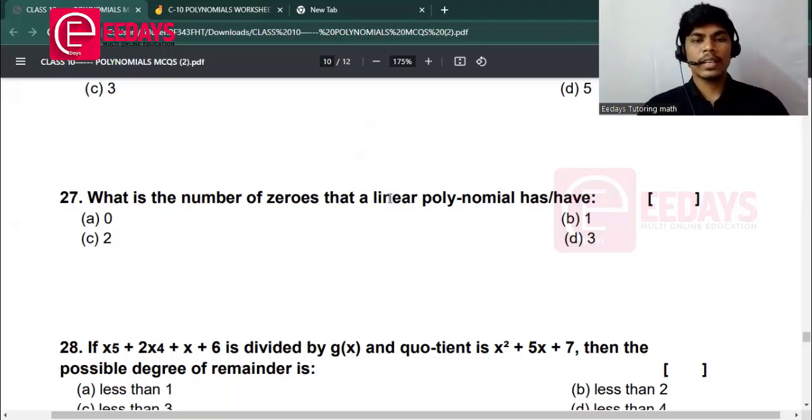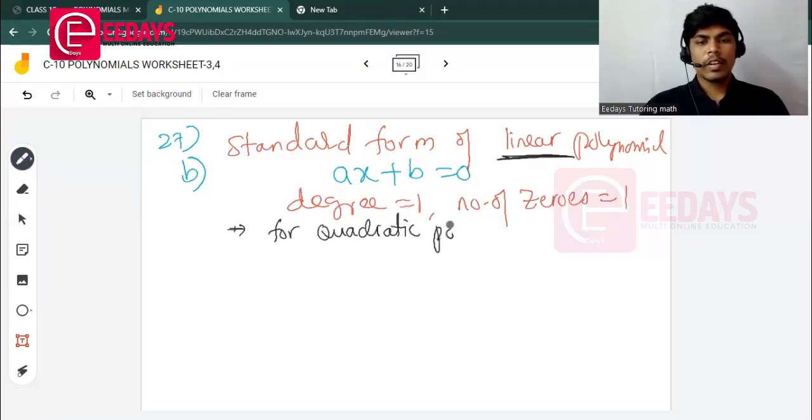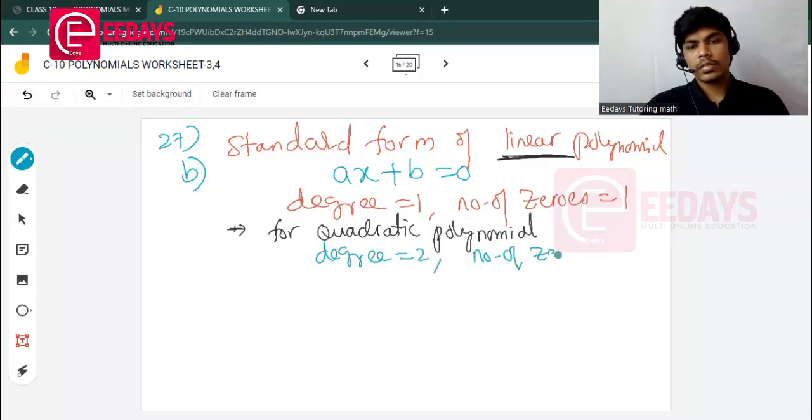If I ask you a question like, we can't predict whether they're asking the same question or not. If I ask you what is the number of zeros for a quadratic polynomial? I'm writing here for your understanding. This is for linear polynomial. For quadratic polynomial, degree is 2, so the number of zeros is 2.